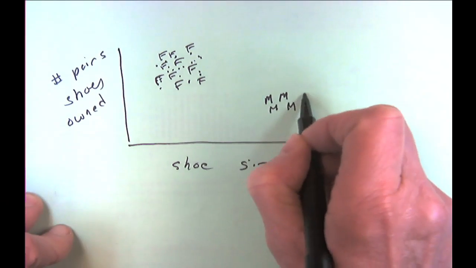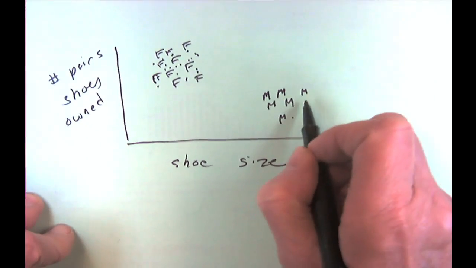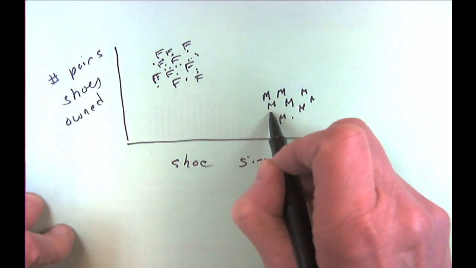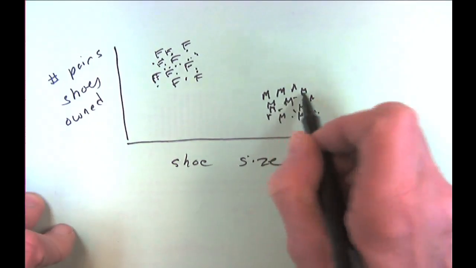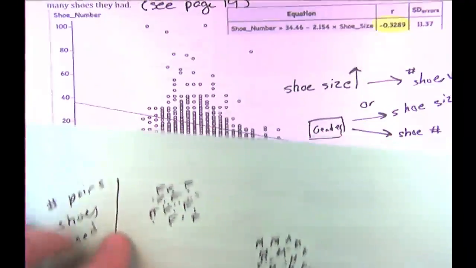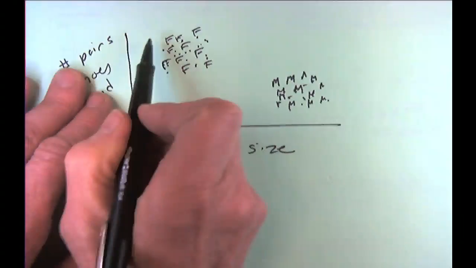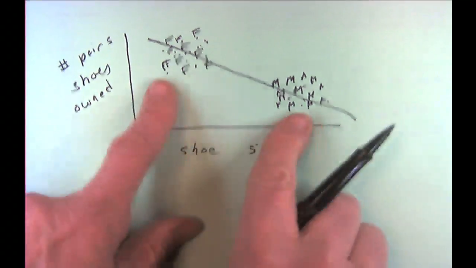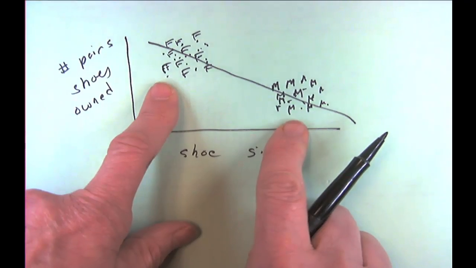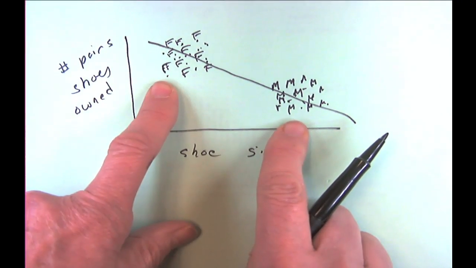Pretend each one of these is a male, and we have hundreds of these. Lots of dots down here. And then when we combine them, we get a negative correlation, even though within each group, there isn't a negative correlation.